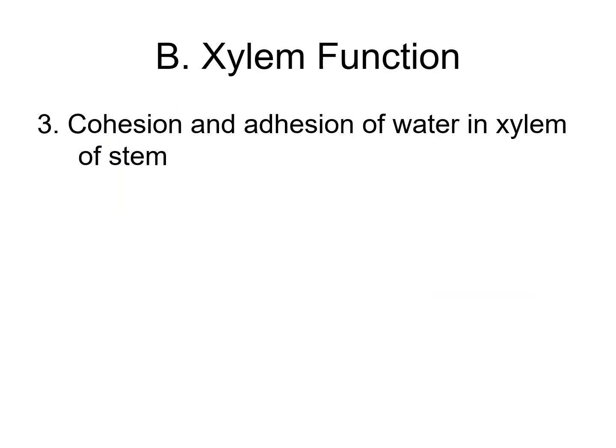Now, once that water is absorbed and the xylem fills up, when you have a volume of water in xylem, it creates cohesion and adhesion. Those are two of the important emergent properties of water.